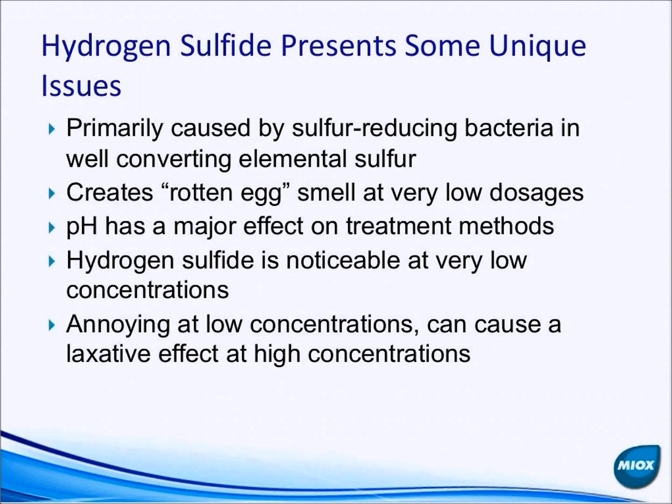People can sense or smell that rotten egg smell with just, in some cases, hundredths of a part per million of hydrogen sulfide. So you can have very, very low concentrations of hydrogen sulfide and still have customer complaints about a rotten egg smell. pH has a major effect on your ability to treat hydrogen sulfide.